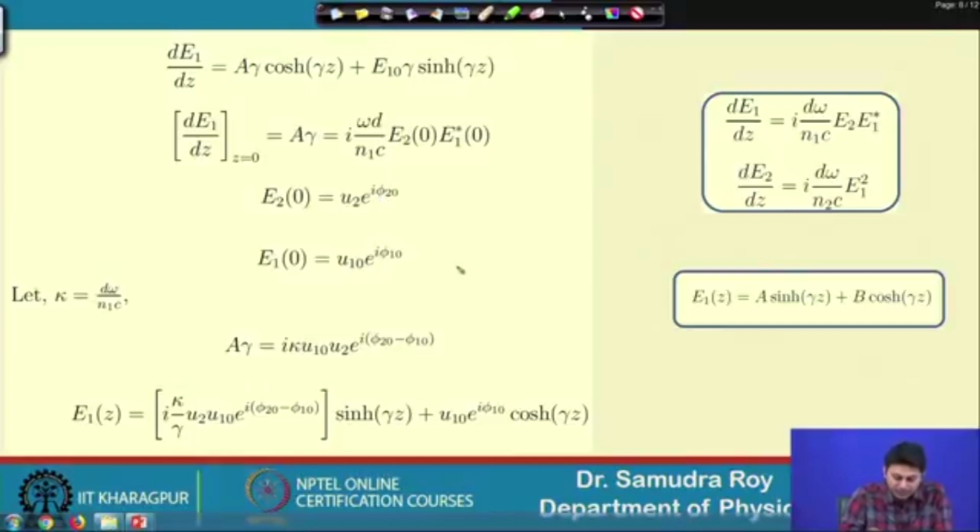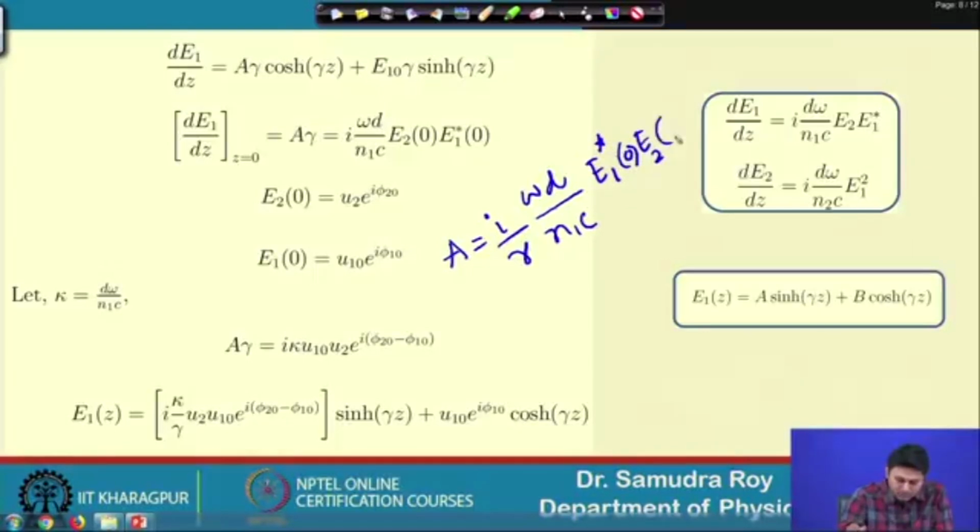For A gamma, it should be A equal to i divided by gamma omega d over n1 c, E1 0 star and E2 0. It should be the value.